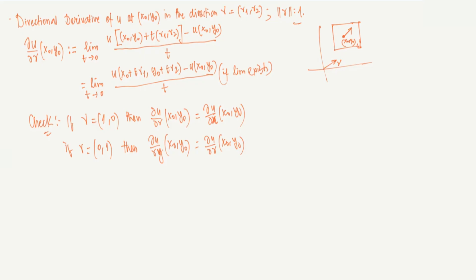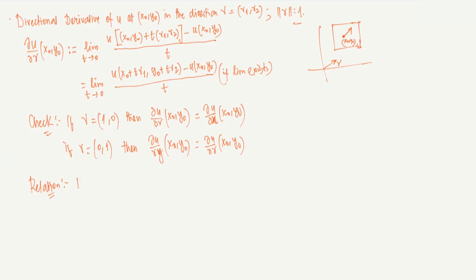Now what is the relation between the derivative and this thing? You have to remember this relation. If u is differentiable, let's not go there, it will become more complicated.